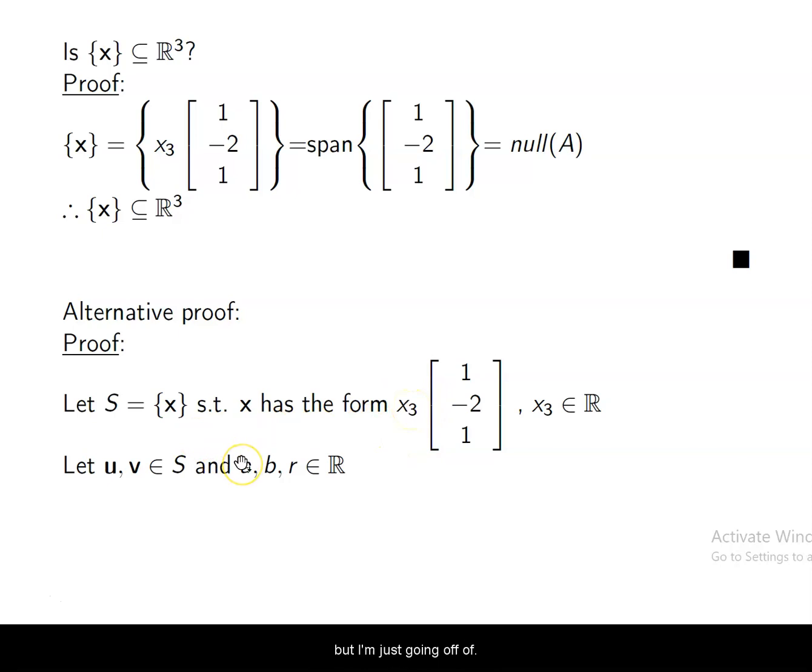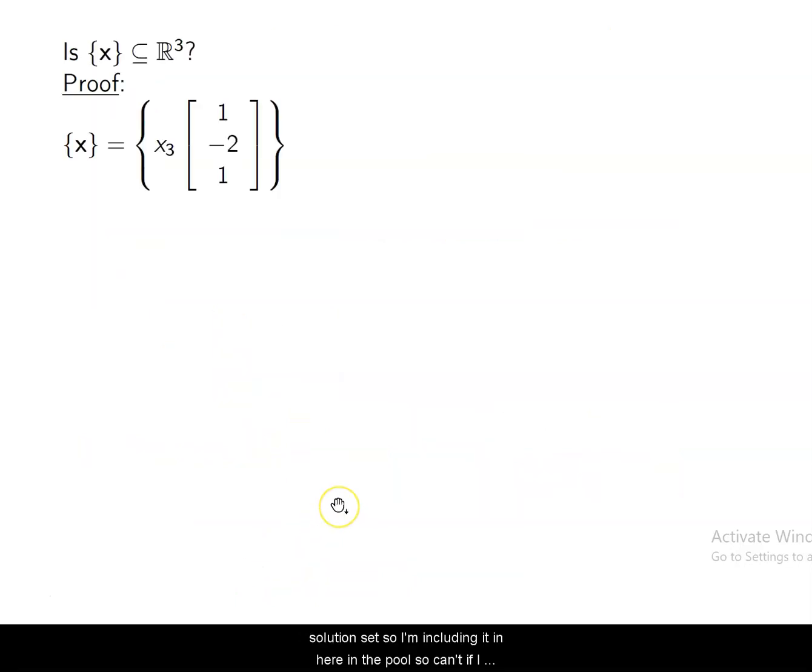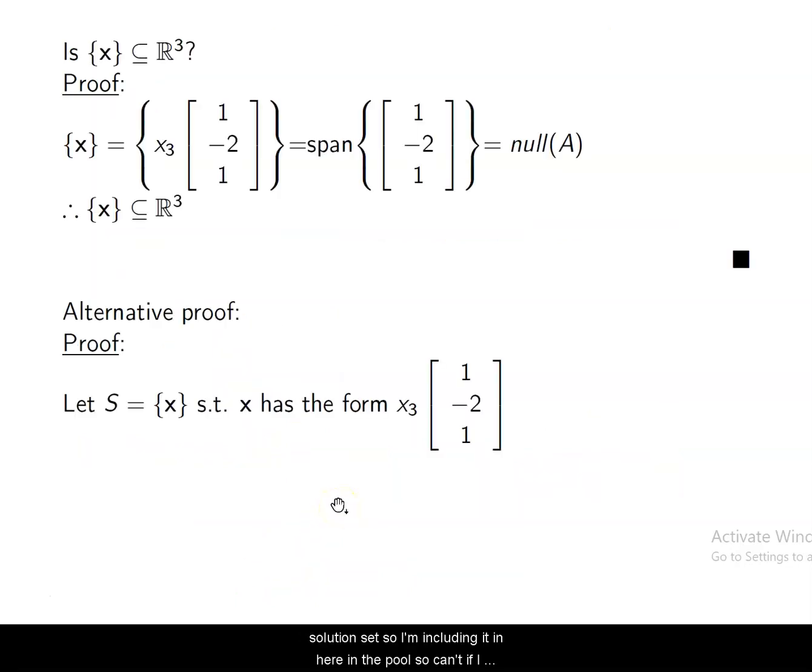I'm just going off of what we got as the end result from my solution set, so I'm including it in the proof. If I said S was the span of X, where X was (1, -2, 1), this would be redundant, because X3 can be any value. I could have just replaced this with a span instead, and then I wouldn't need 3 scalars.